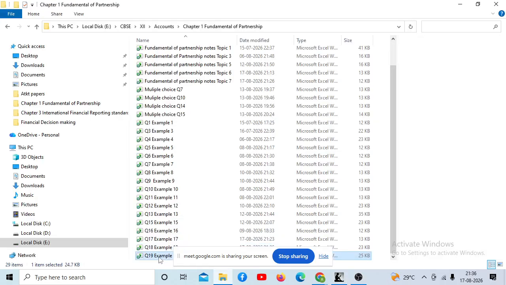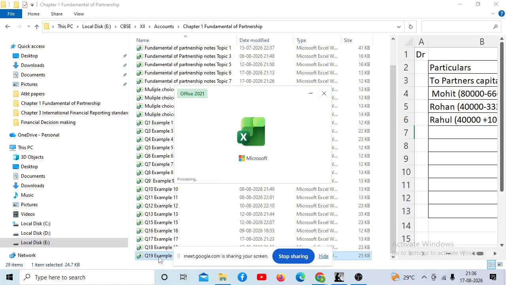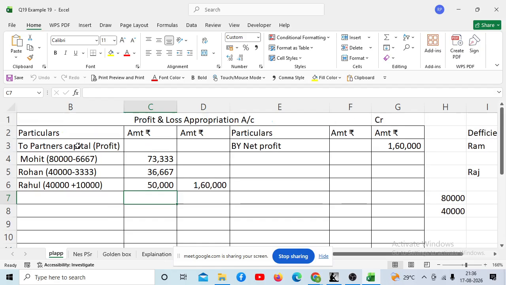Okay. So we will prepare profit and loss appropriation account. Just prepare the profit and loss appropriation account as we had prepared earlier.